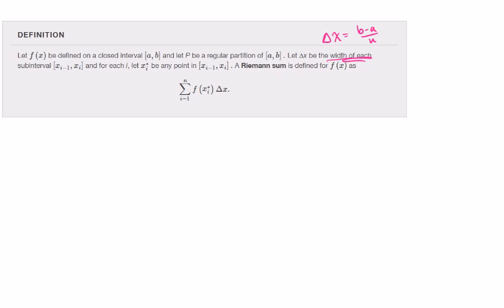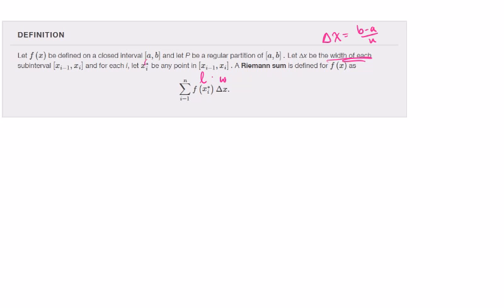And so this is our Riemann sum. It's telling us the height of our rectangle multiplied by the width of our rectangle, and we're going from 1 to n. That's a Riemann sum. And x sub i asterisk is some point in that interval.